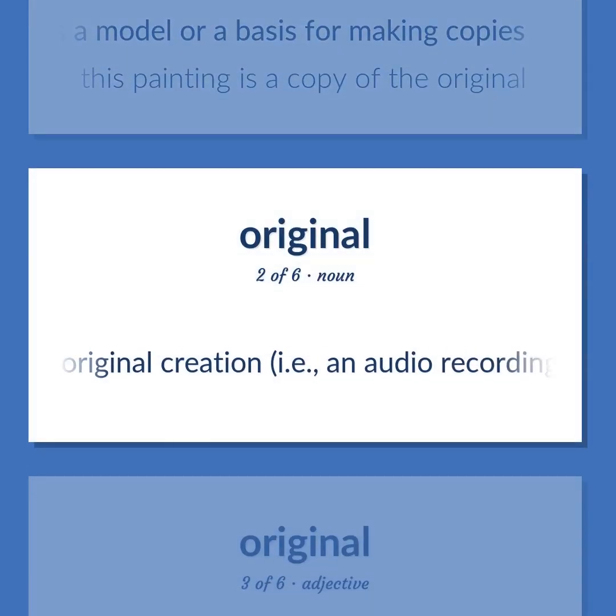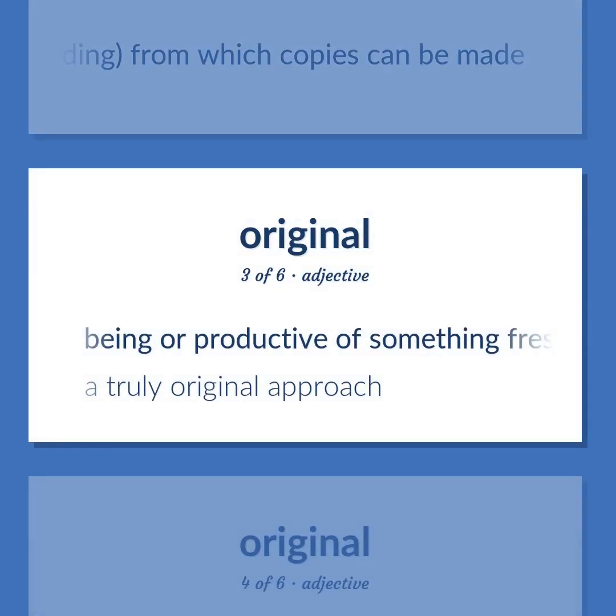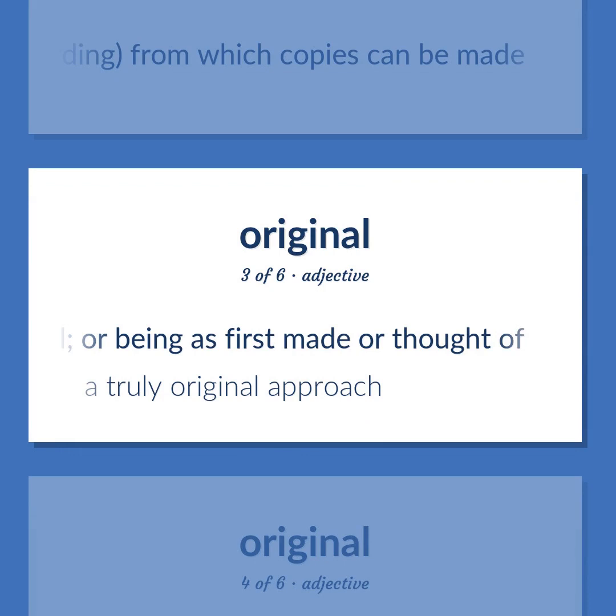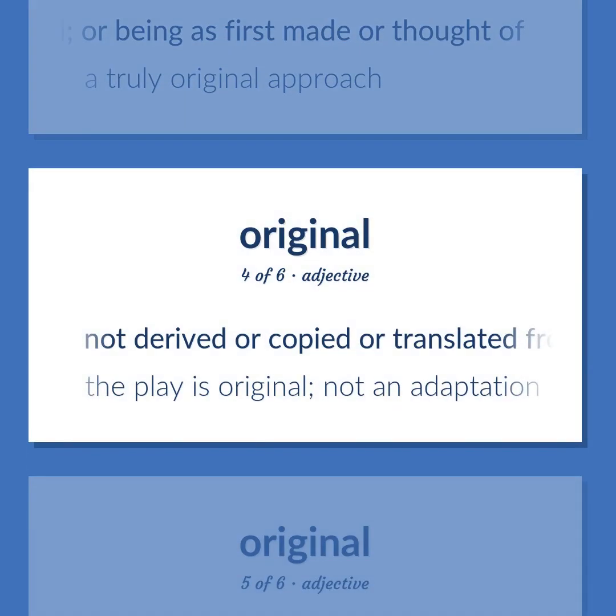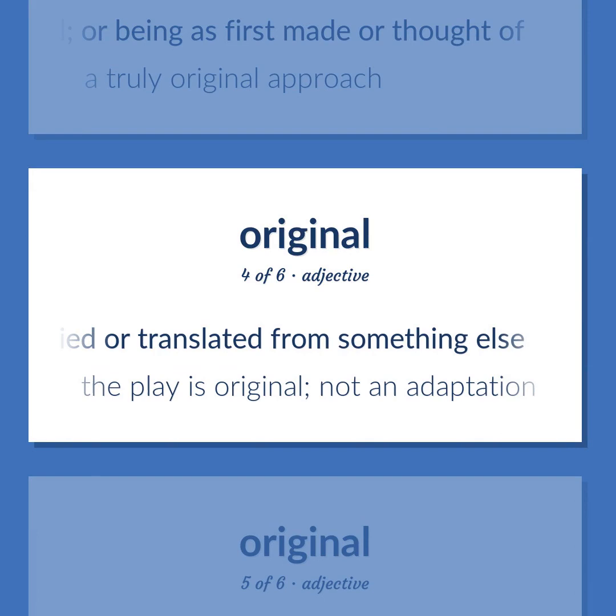An original creation, i.e., an audio recording, from which copies can be made. Being or productive of something fresh and unusual, or being as first made or thought of. A truly original approach. Not derived or copied or translated from something else. The play is original, not an adaptation.